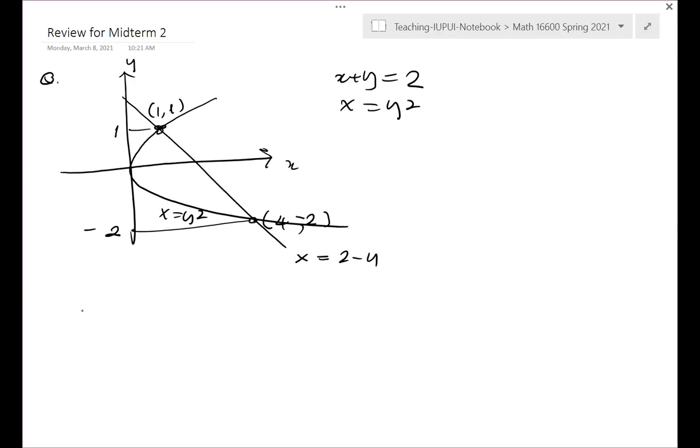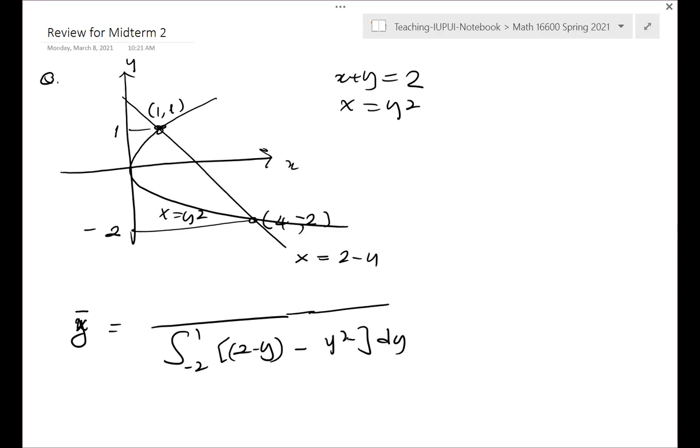So if we want to use a formula for x bar and y bar, I think it's y bar first. Y bar is just the integral from -2 to 1 of the difference of these two functions, which is 2 minus y minus y squared dy. Okay, everything should be converted to the y variable.